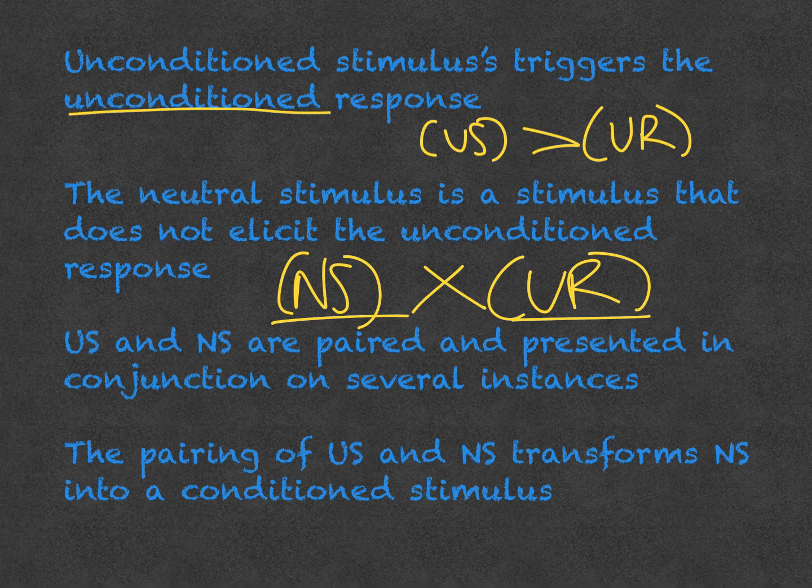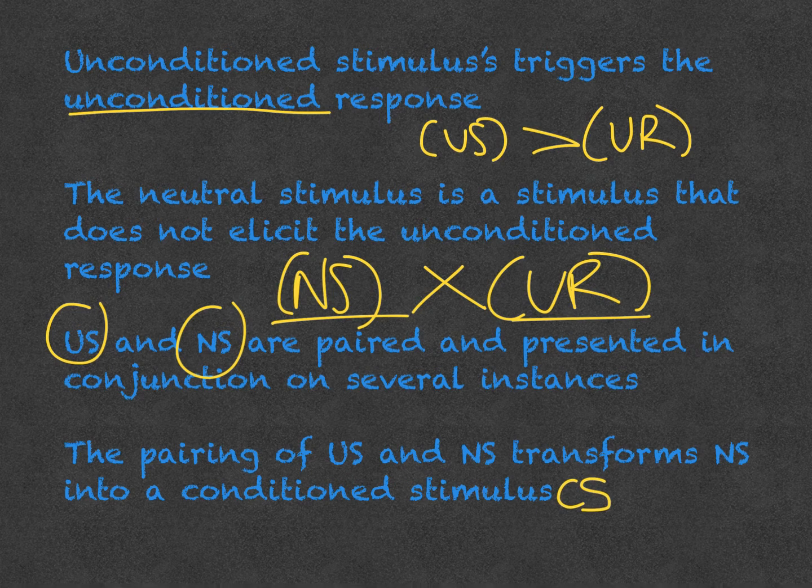So this is shown in the next stage here, where the unconditioned stimulus and the neutral stimulus are paired over time. So after a while, you tend to make an association whereby you know that you should act accordingly. And then finally, the pairing of the unconditioned stimulus and the neutral stimulus transforms the neutral stimulus into a conditioned stimulus, which we will abbreviate to CS.